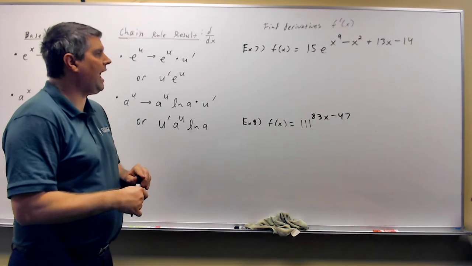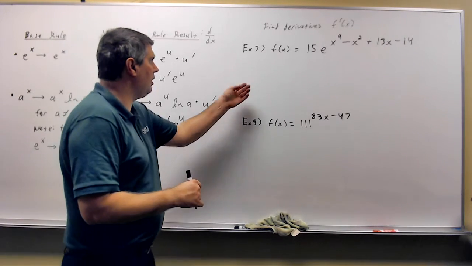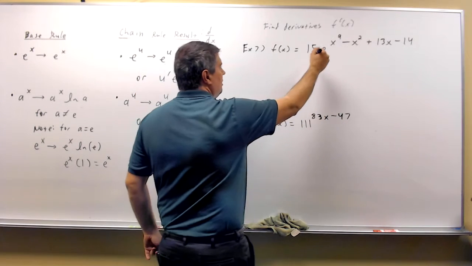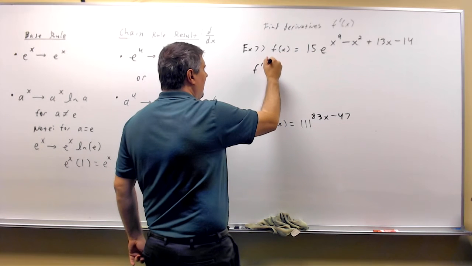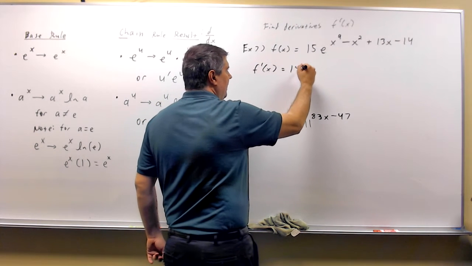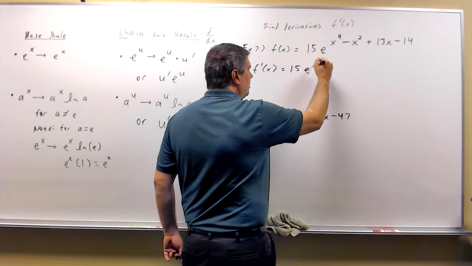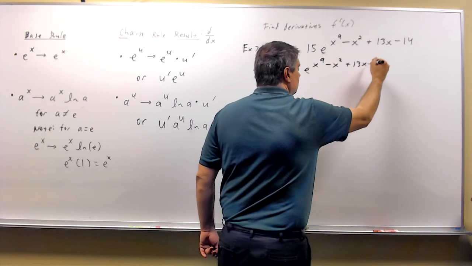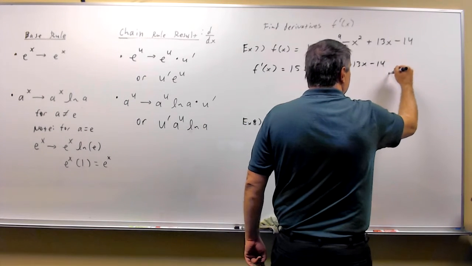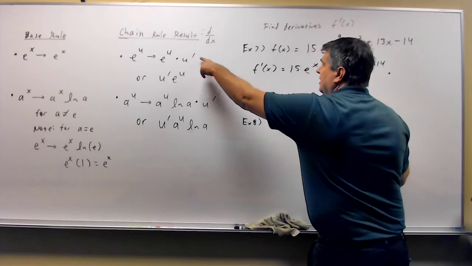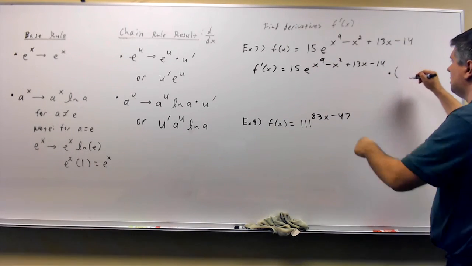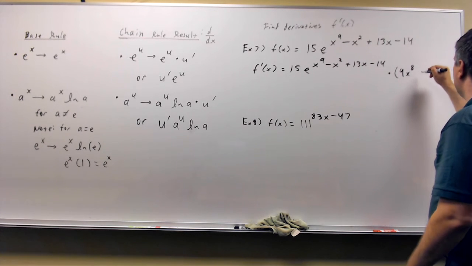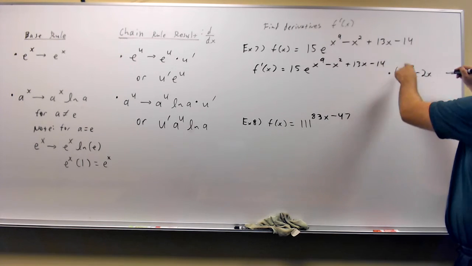Okay. So I have a couple more. I'm going to do them one at a time. So this one right here is going to follow this rule right here because the base is e. So f prime of x will equal 15 and your original exponential expression times the derivative of the exponent. So that's going to be 9x to the 8th minus 2x plus 13.